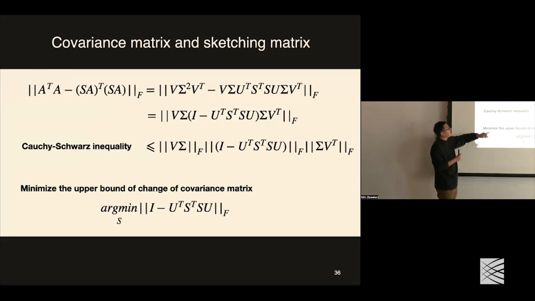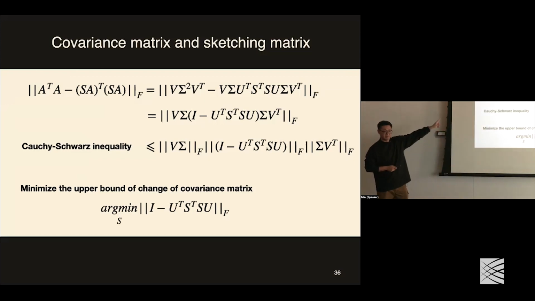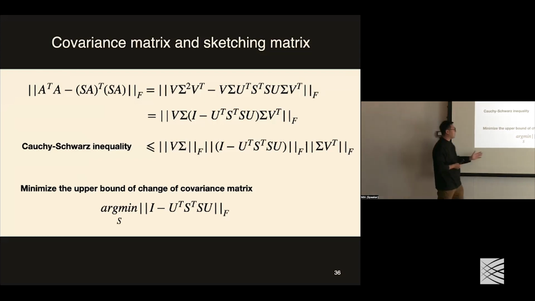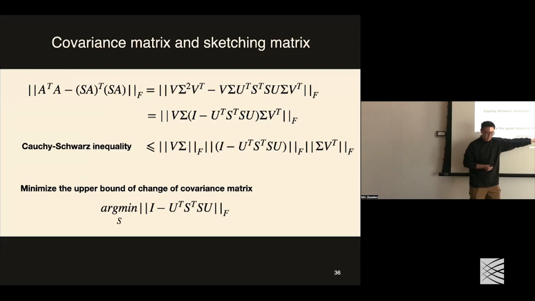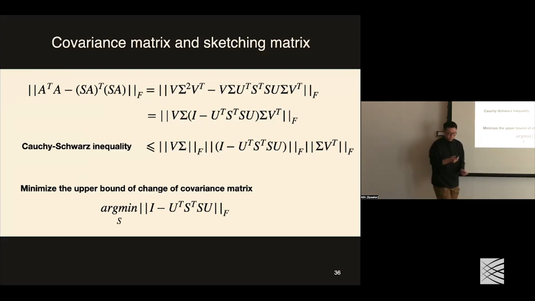Instead of directly minimizing the difference, we can also minimize the upper bound of the difference. The key question is how can we find a matrix S that minimizes this error?